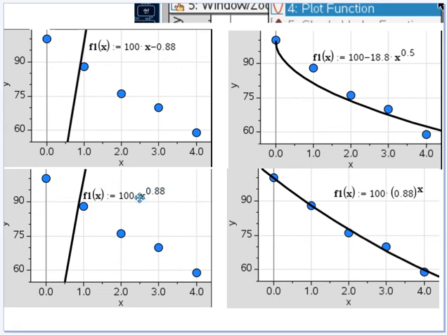And this is also a power function, excuse me. So this is a power function and this is a power function. And then this is an exponential function. And this one is totally wrong. It almost looks just like this, maybe a slight variation. So now it's between these two.